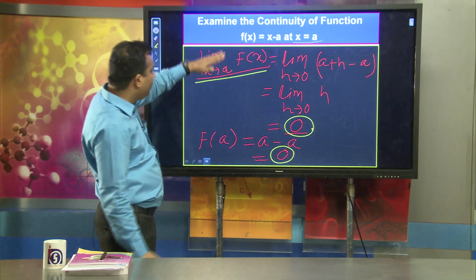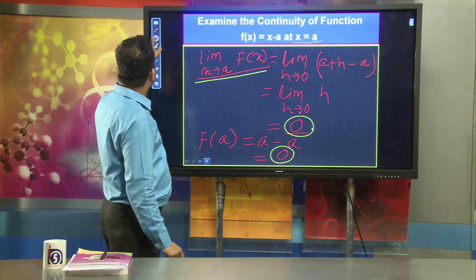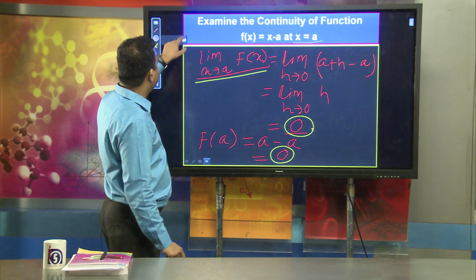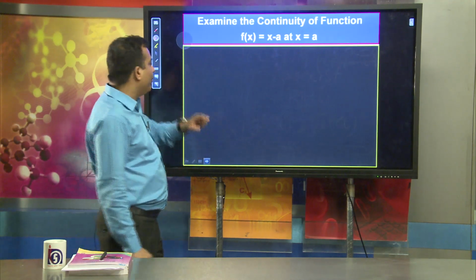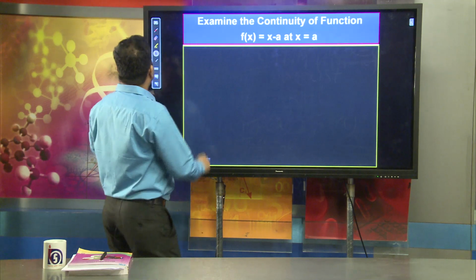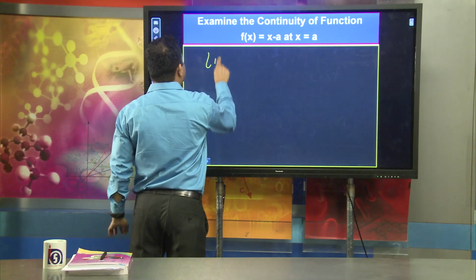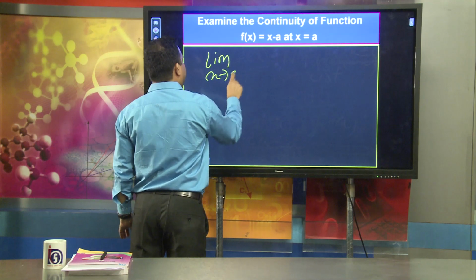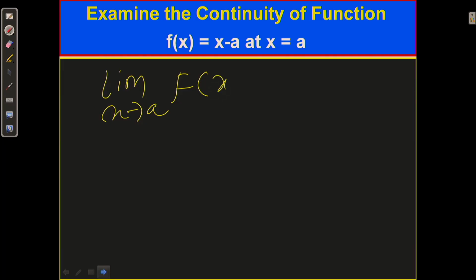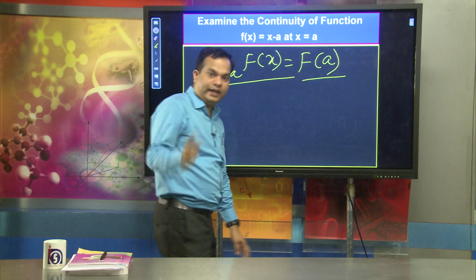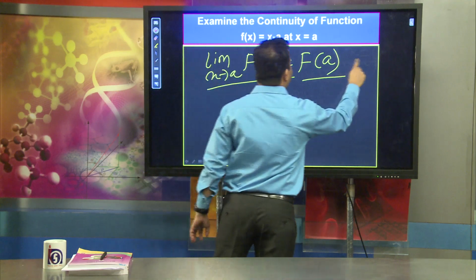So, here we get two things: the limiting value is equal to the functional value. That means limit x tends to a f of x is equal to f of a, both the limiting value and functional value are equal and equal to 0.